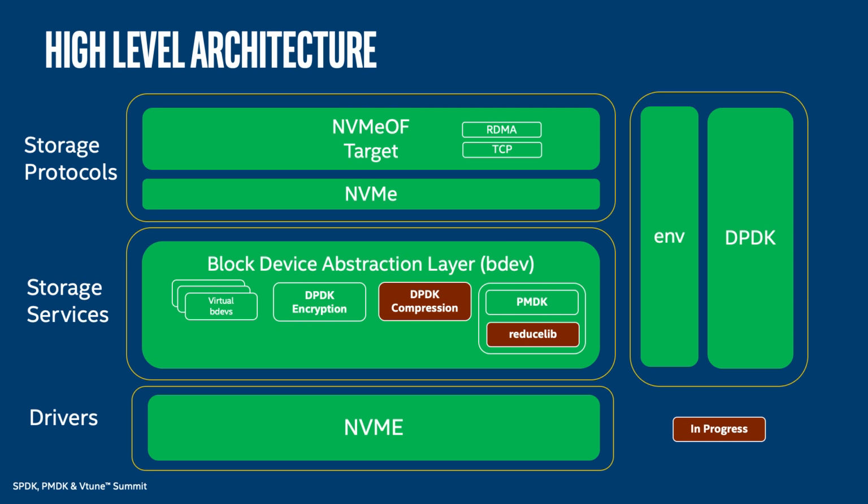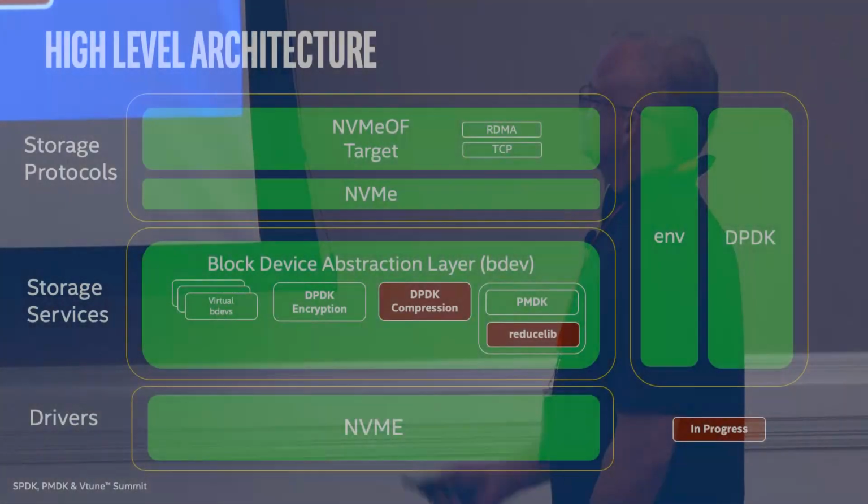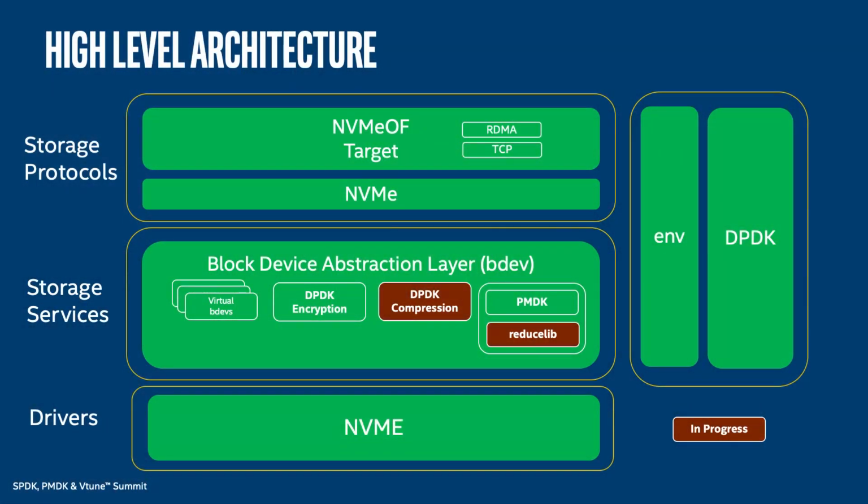Okay, so at a high level, you've probably seen a picture sort of like this many times. I've taken a lot of the stuff of SPDK out of this just to make it a little bit easier to see what's going on. But this could be iSCSI at the top. I've just got listed NVMe over Fabrics Target because that's newer and cooler. And then underneath that, we have the block device abstraction layer.